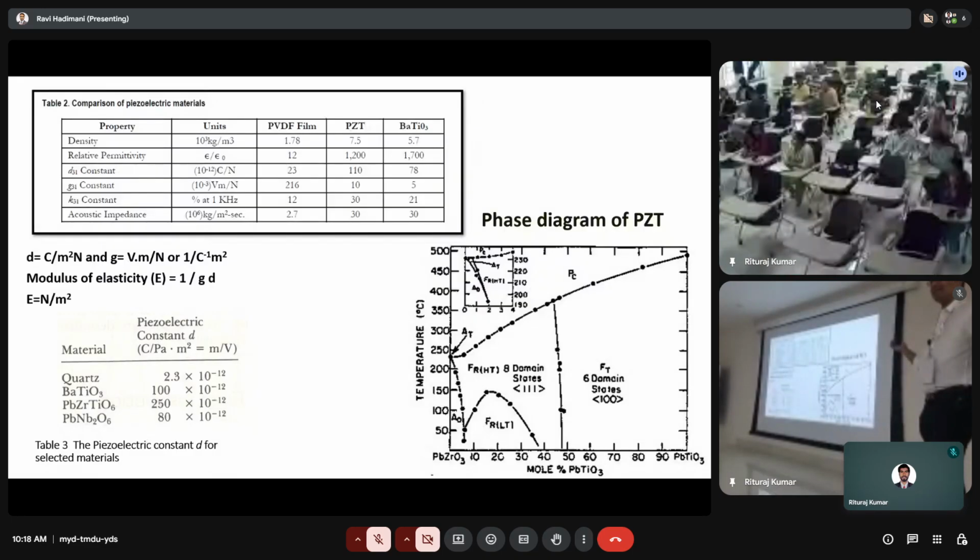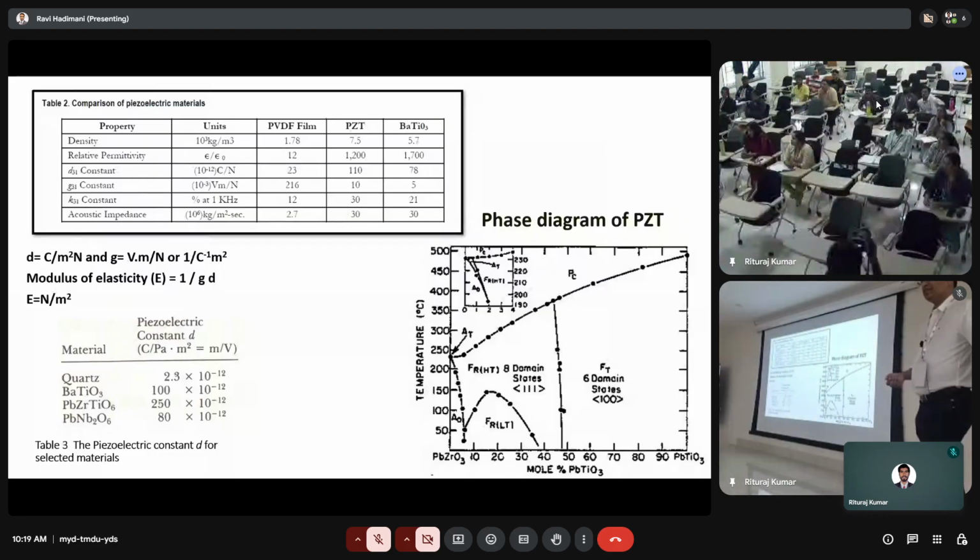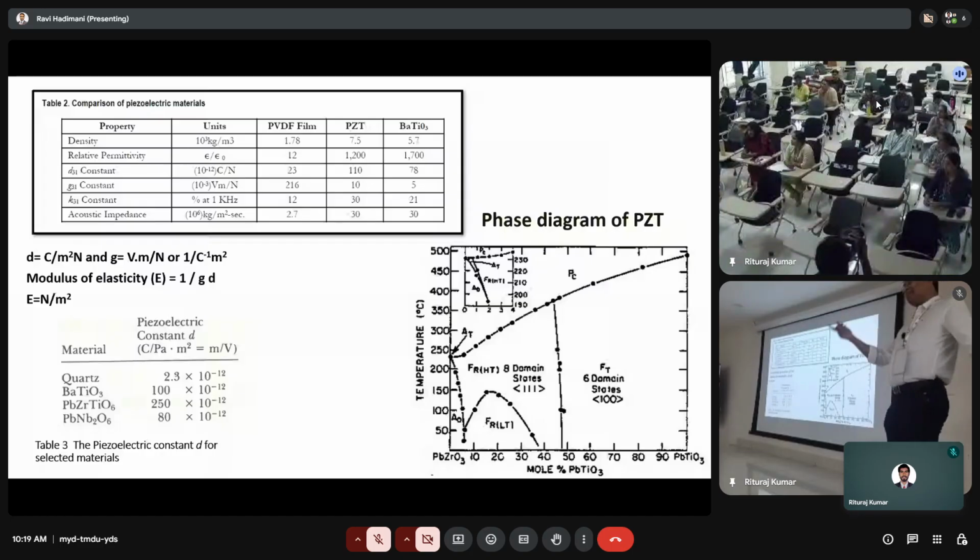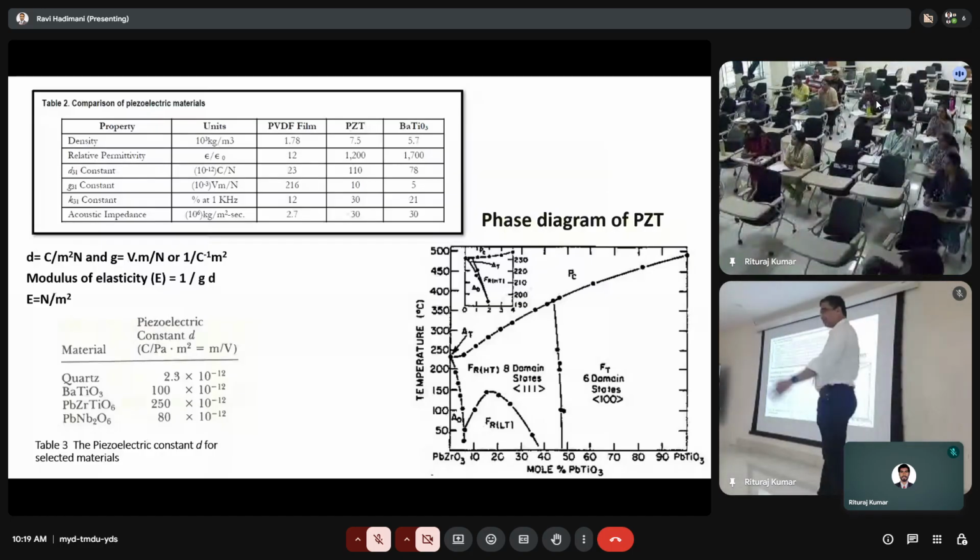If that is the case, how come we don't see these materials generating electricity for us? Yeah, okay, that's one use. We'll talk about that.